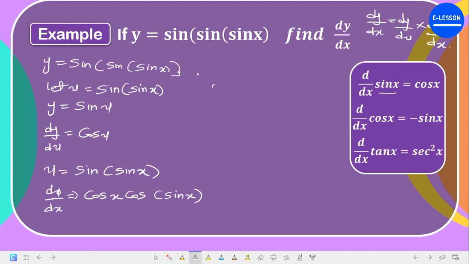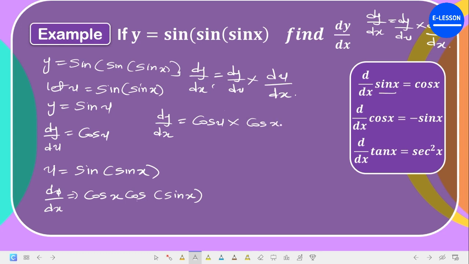Now what will be our dy over dx? dy over dx will be dy/du times du/dx. So finally our dy/dx will be equal to, what is your dy/du? dy/du is cos u, okay, times, what is your du/dx? du/dx is cos x, cos, then sine x.